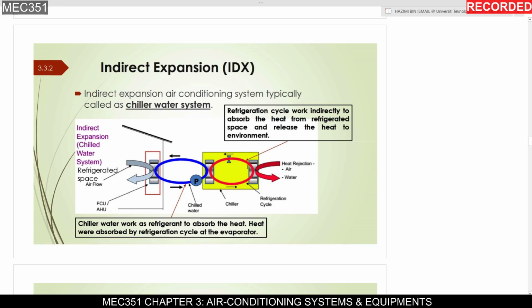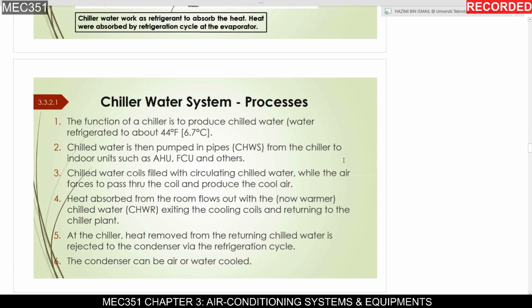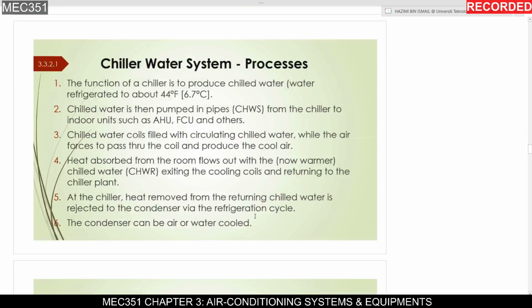So the expansion of the system here is not direct, so that's why we call it indirect, because we have another medium here, the chill water and pump to bring the heat from the AHU to the chiller, and then from the chiller it will remove heat to the surrounding using air if it is air cool, or using cooling tower if you use the water. Okay, so here this is more details, you can read by your own.